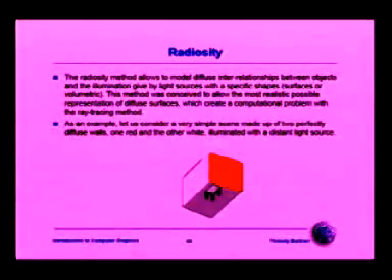The idea on which radiosity is based is borrowed from thermodynamics, and it's based on the exchange of energy. Radiosity is actually the rate of exchange of heat energy across a surface. That's the original definition of it.